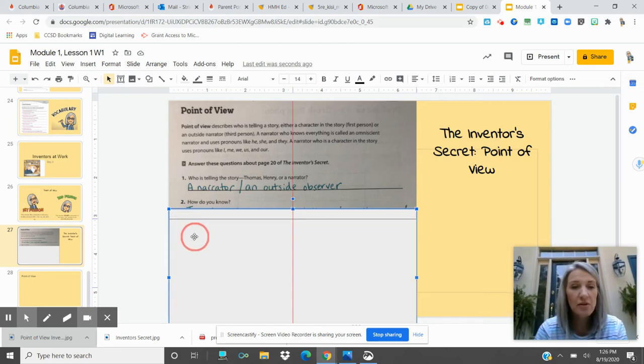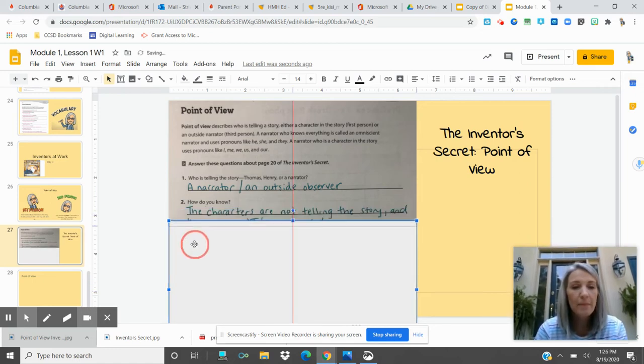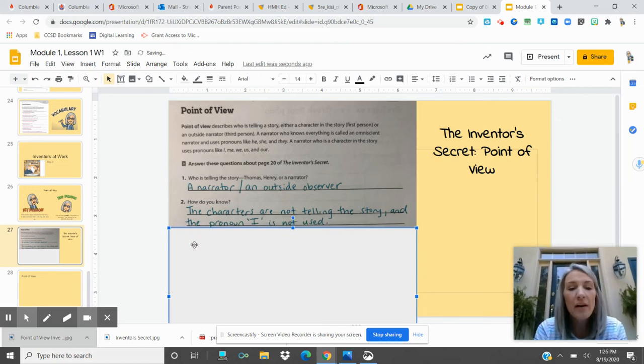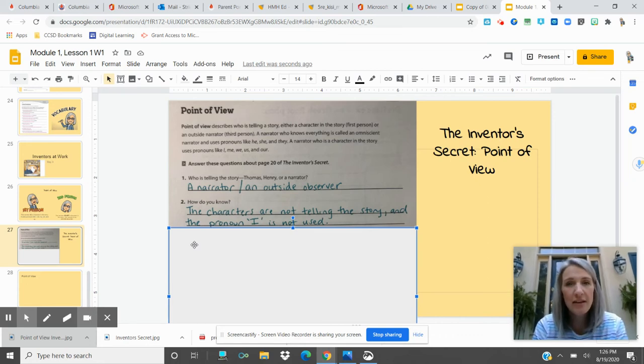So for this answer, we would say, we know because the characters are not telling the story, and, I didn't say this before, but the pronoun I is not used in the narration. It might be used in the dialogue when the characters speak to each other and it's in quotation marks, but if it's not in the narration, the words that are not in quotation marks, then it's not first person. So we know that an outside observer is telling the story.